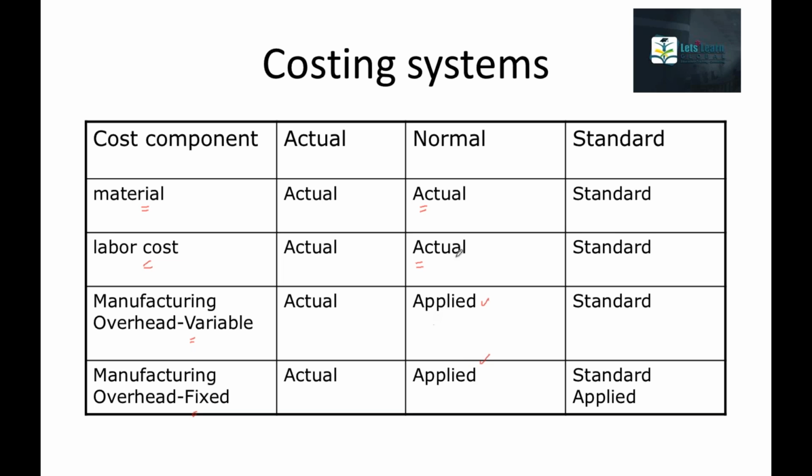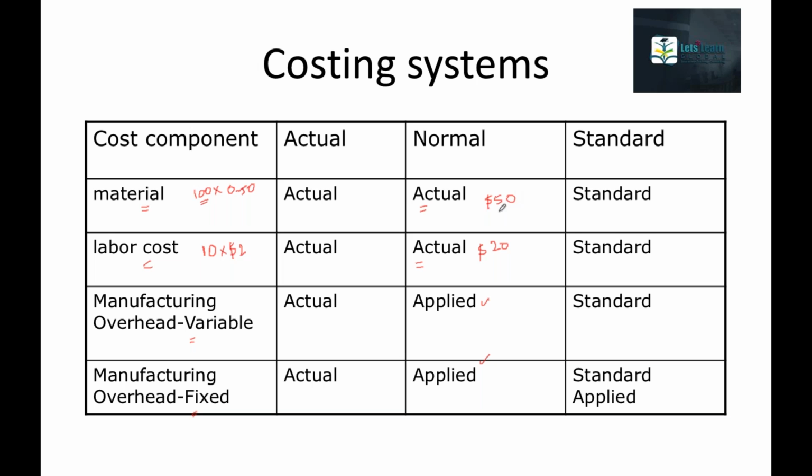Like, say for example, one particular product takes 10 direct labor hours at the rate of, say, $2 per hour. So the labor cost is going to be $20 per unit. And say we need around 100 kgs of material, each costing, say, 50 cents. This we found from the customer specifications.